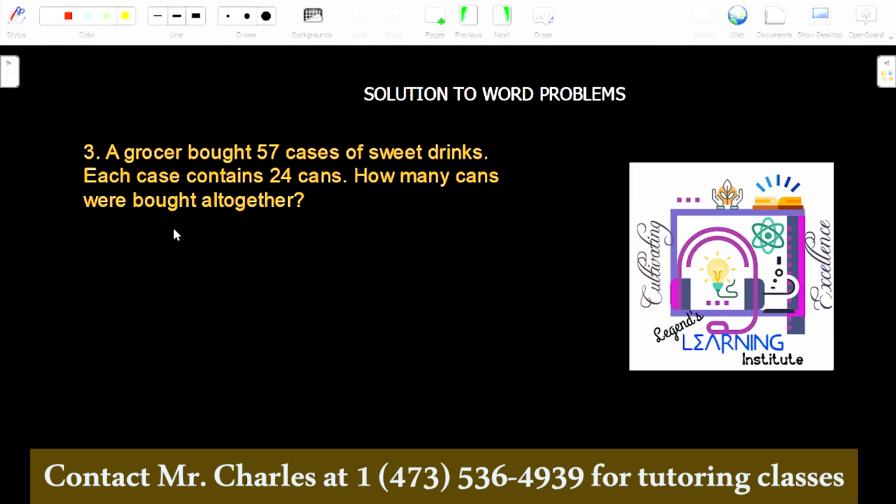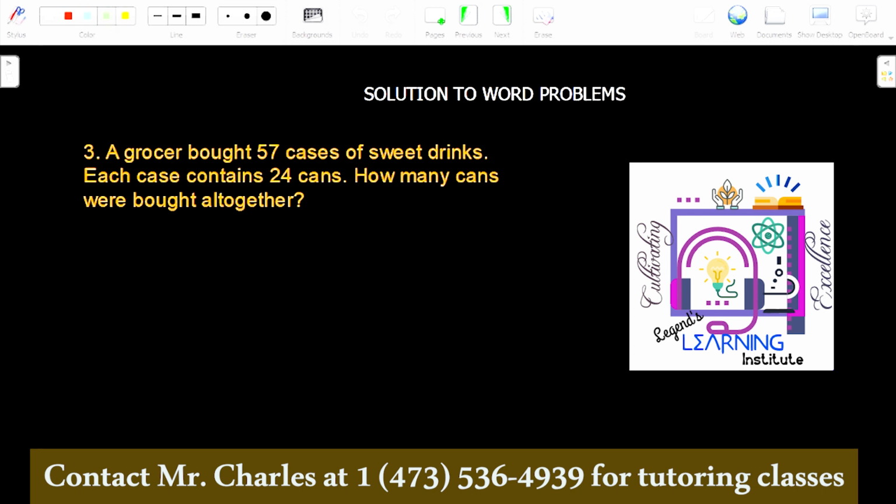Question 3 says a grocer bought 57 cases of sweet drinks. Each case contains 24 cans. How many cans were bought altogether? So 57 cases, and each case has 24 cans.